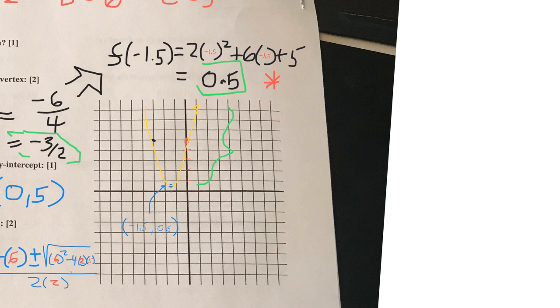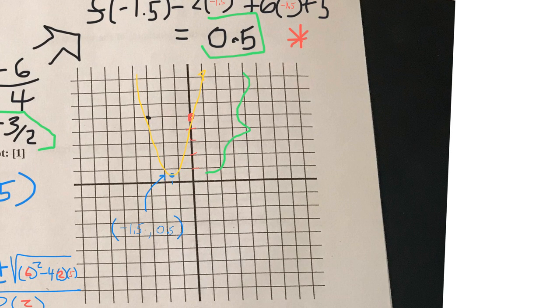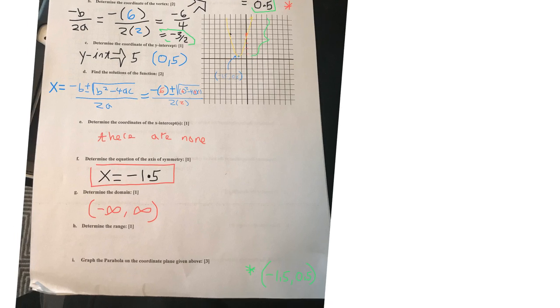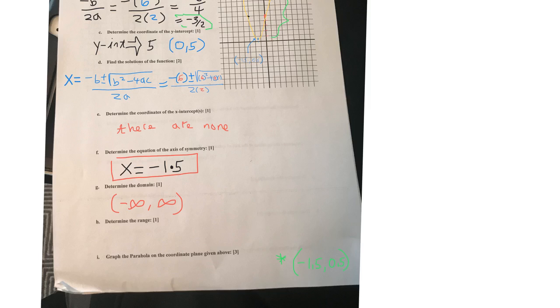Clearly, the lowest y value is at the vertex. And if we want to know what is that y value, all we need to do is take note of the coordinates of the vertex. The y-coordinate of the vertex is 0.5. So therefore, we know that the lowest y value on this parabola is 0.5, and the highest value is everything up into the positive infinity range. So that's all we need to know with regards to the range.